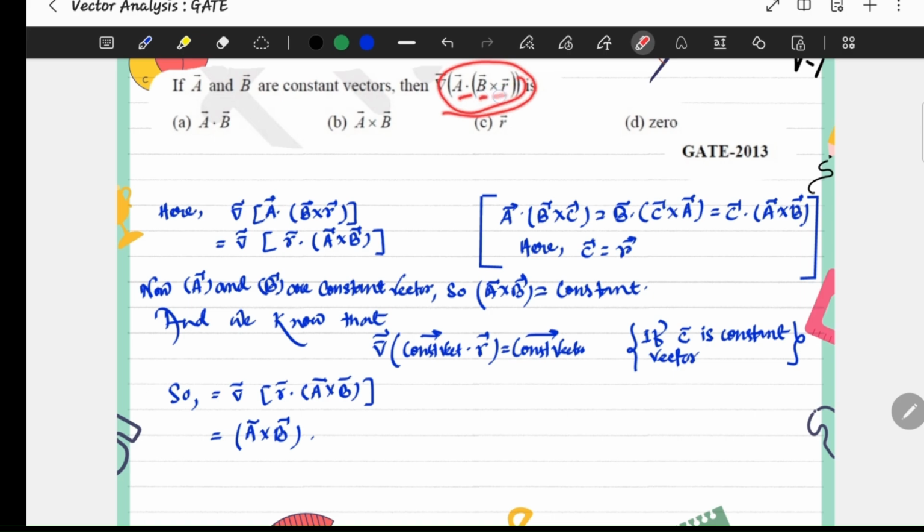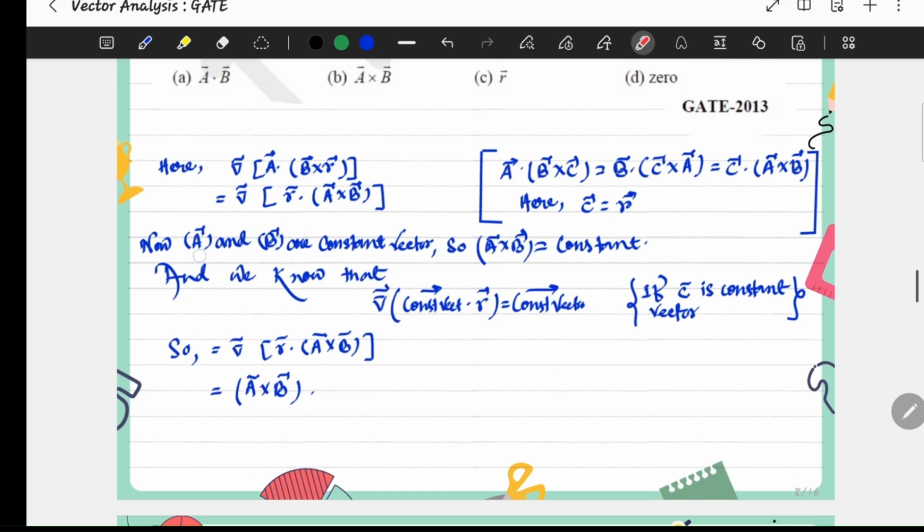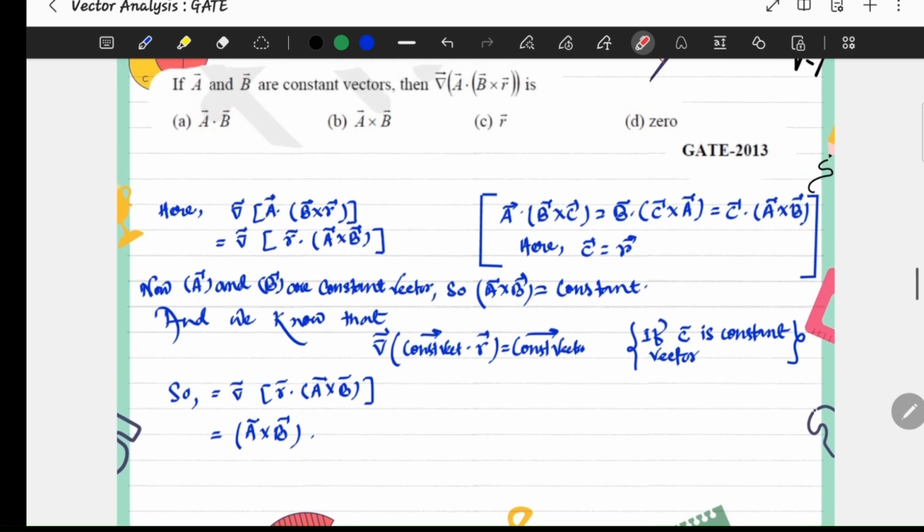Suppose a dot b cross c, so what can we write? r dot a cross b. So we write that a dot b cross c equal to c dot a cross b. Now, a and b are constant vectors, so a cross b is also a constant.